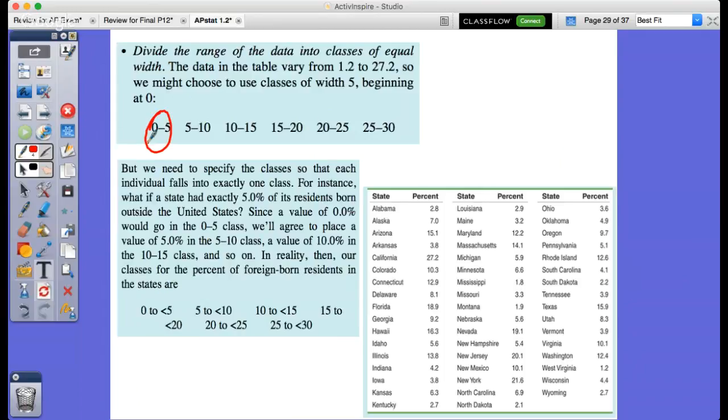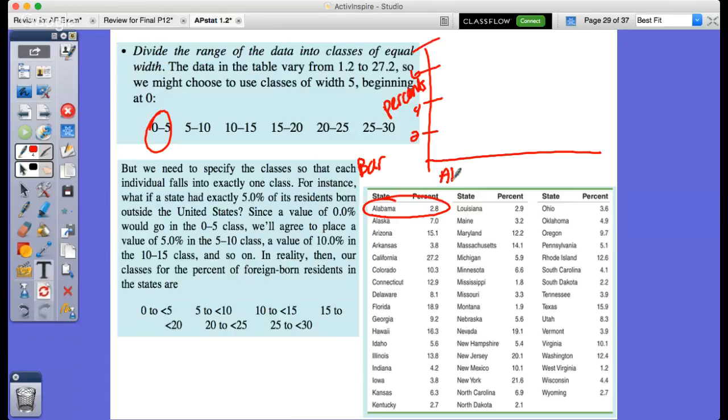So instead of having Alabama, like we did with a bar graph, you have over here on the left side the percent, and then you would say 2, 4, 6, all the way to 100 or 20 or whatever. And then instead of putting Alabama and stating that it goes up to 2.8, and then going to the next state, that would take a long time. So this would be a categorical graph.